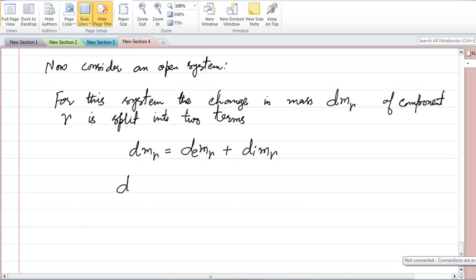Here d_e m gamma is the mass exchange with the exterior, or you can say surroundings.